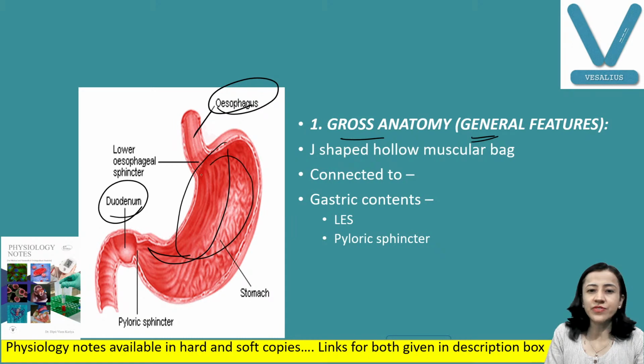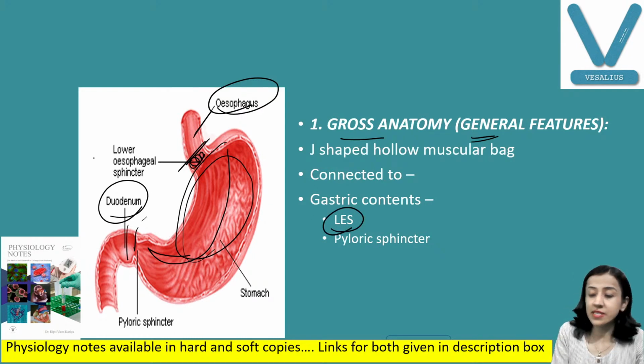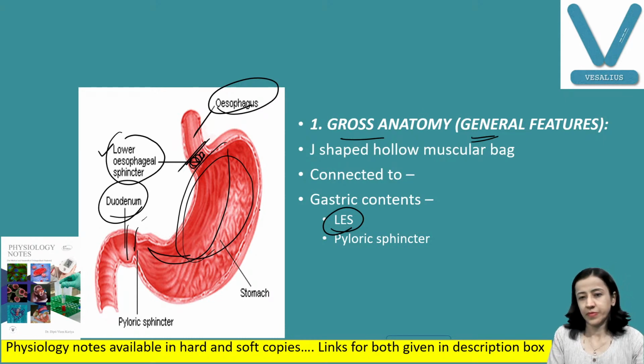The content of the stomach is separated from other parts of the digestive tract by two constrictions, two sphincters. One is at the end of the esophagus, known as the lower esophageal sphincter. The other separates the stomach content from the duodenum, the pyloric sphincter. So this is the gross anatomy, a J-shaped muscular bag.